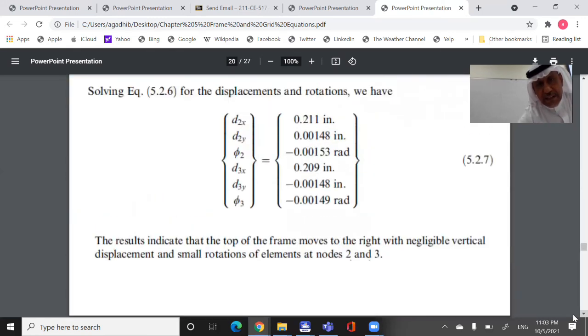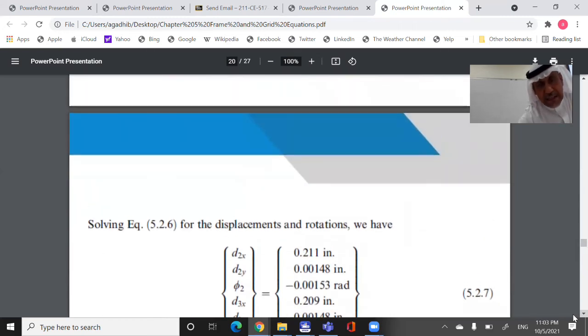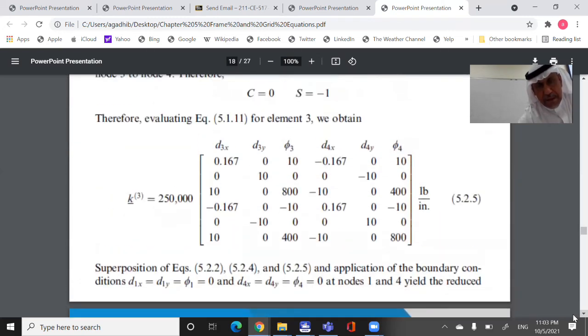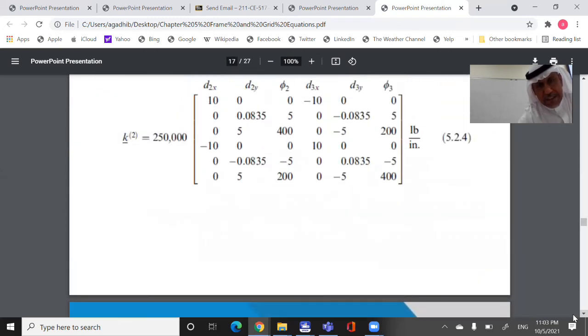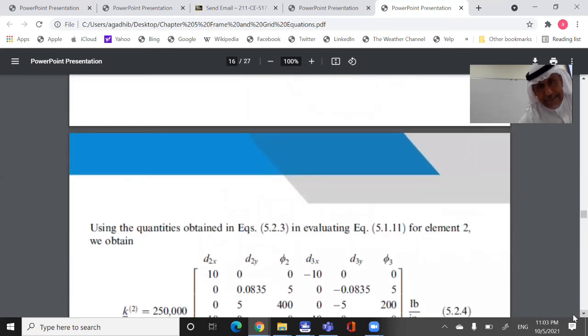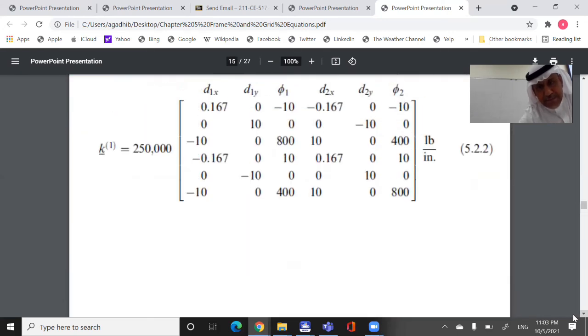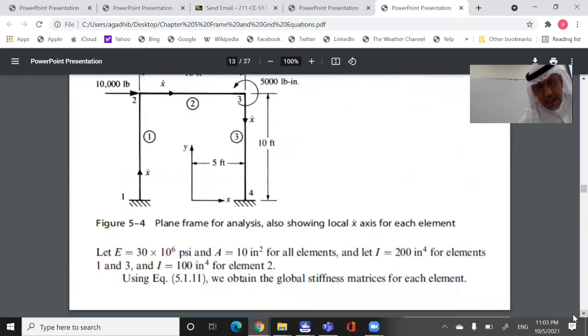How much the height? 10 feet times 12 inches. You see how much the height? It will be 0. It will be 0. Yes. Now you can draw shear bending moment diagram.